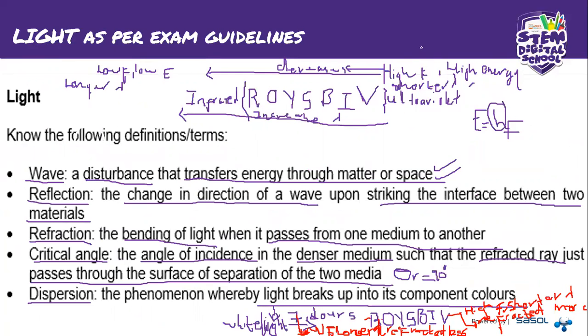And we said the light with the highest frequency is the one that is going to be refracted more. So out of all these 7 colors, violet light will be refracted more than all of them because it has the highest frequency and the shortest wavelength. The red will be refracted the least because it has the lowest frequency but the longest wavelength.